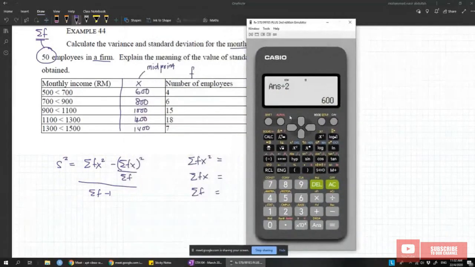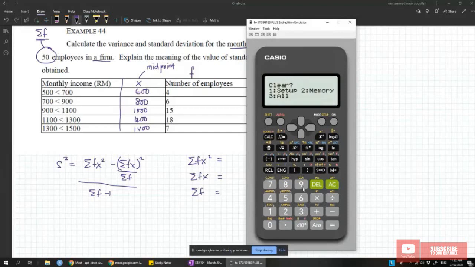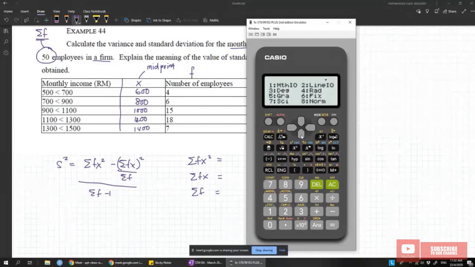sorry, half marks. So now, to find this value, just click on Shift 9 to clear all the memory. Click equal, AC. So next we click on Shift Mode and find stat, number 4, and click on frequency.